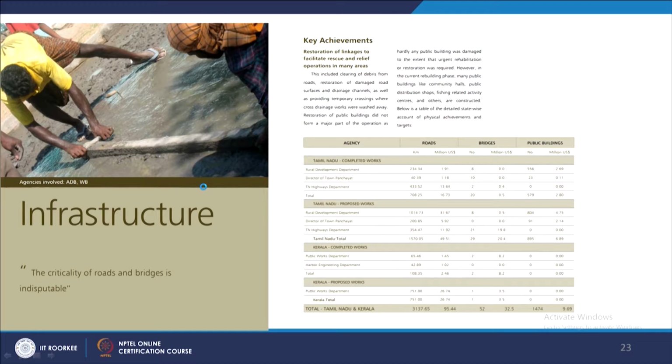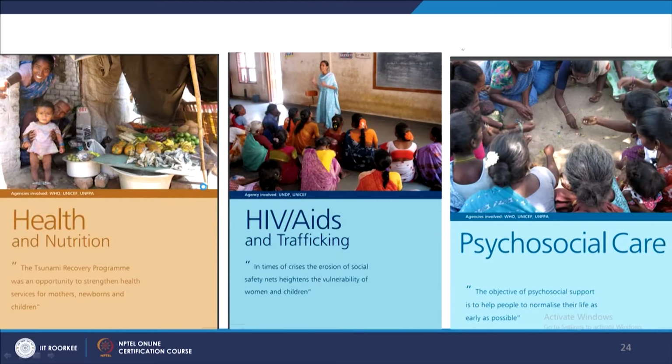And again the bridges, public buildings and roads: how many are planned, how many completed, and what the budgetary requirements are. Similarly the health segment: HIV, AIDS, trafficking, as well as social care. Many children lost their mothers and fathers in the disaster, so how could they be taken care of?